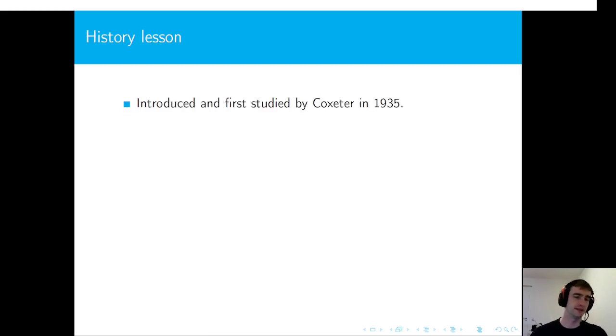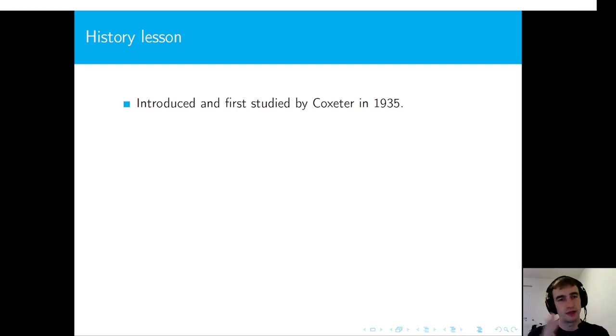So, history lesson. Where do Coxeter groups come from? Well, they were first introduced and studied by someone called Harold Scott MacDonald Coxeter in 1935. And back then, one hot topic was reflection groups, and these are groups that come geometrically from reflections across hyperplanes in some spaces.